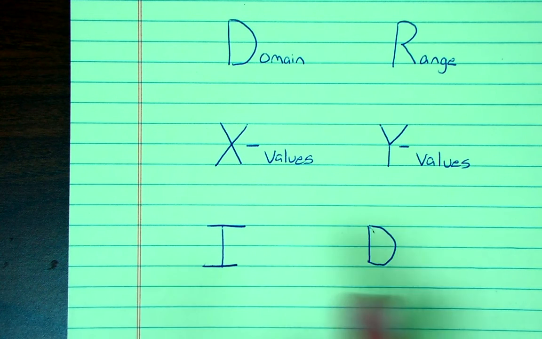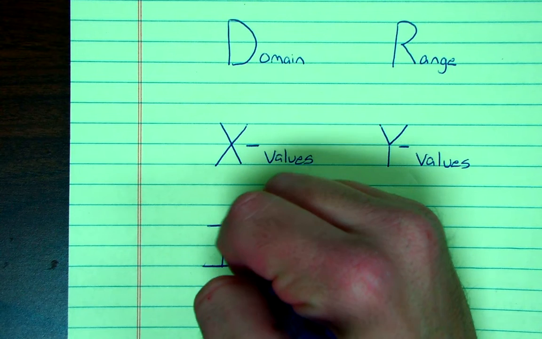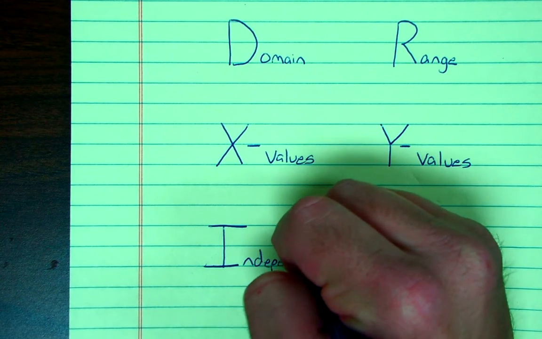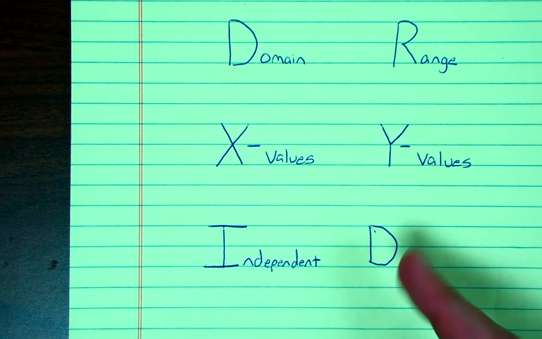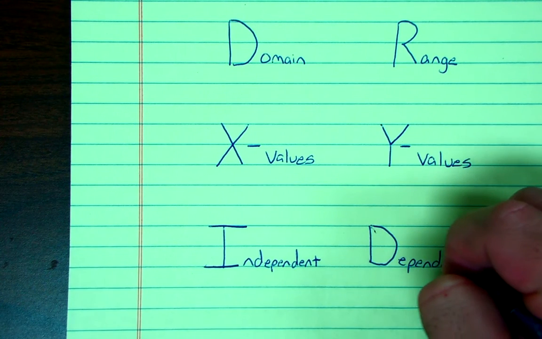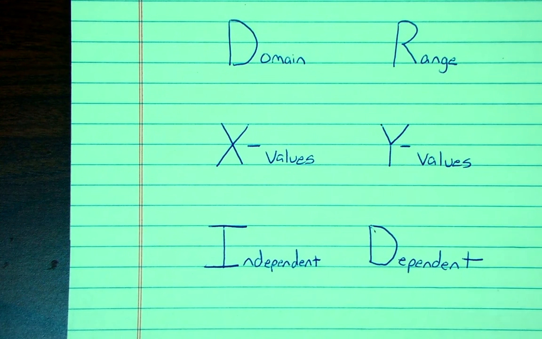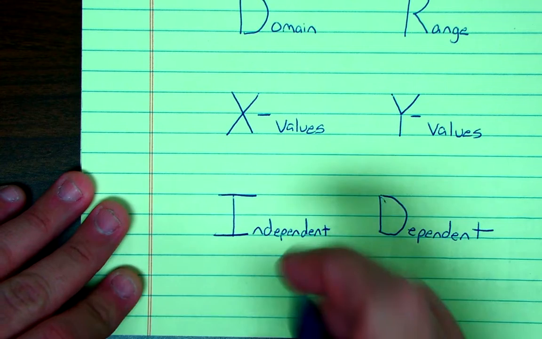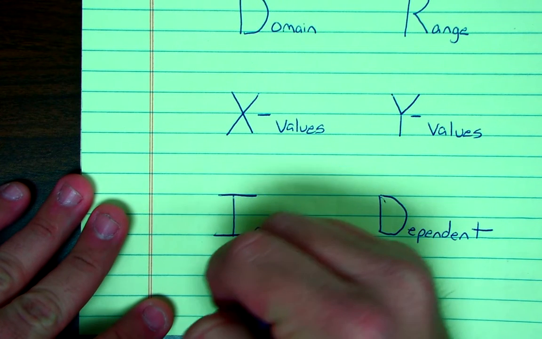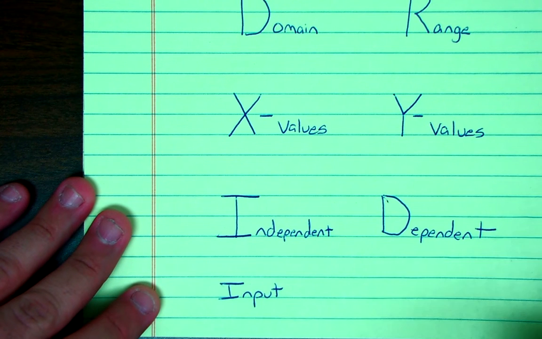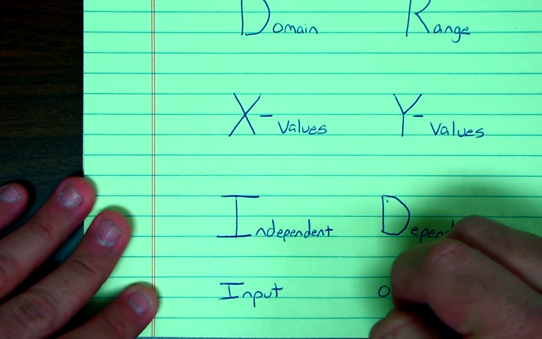The I stands for the independent. The D stands for your dependent. And then I'm going to add something here at the end. This will be known as your input over here. And this one over here will be known as your output.